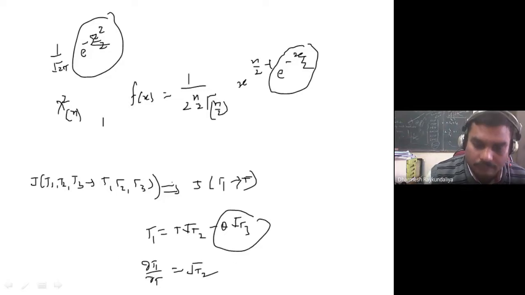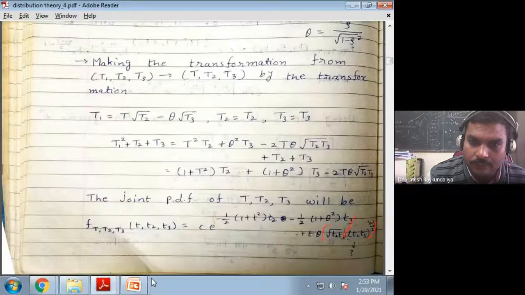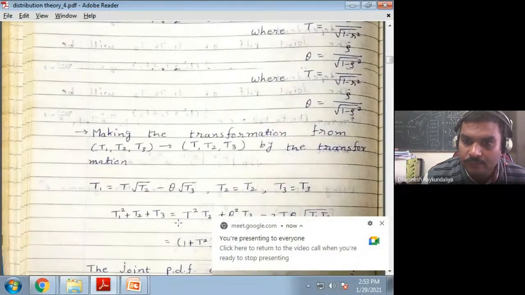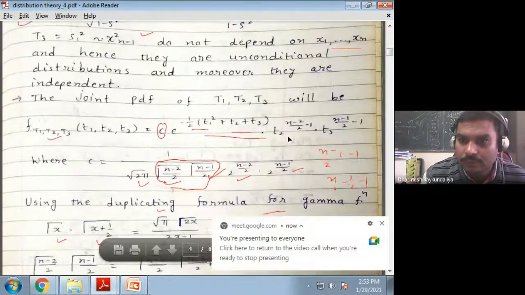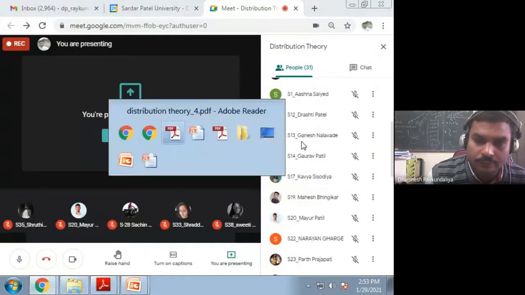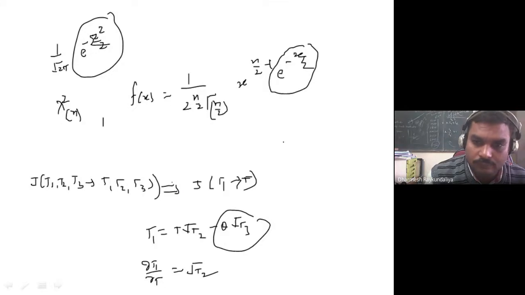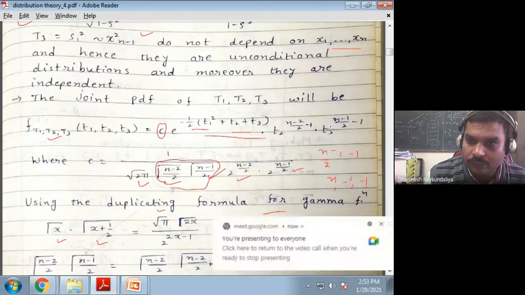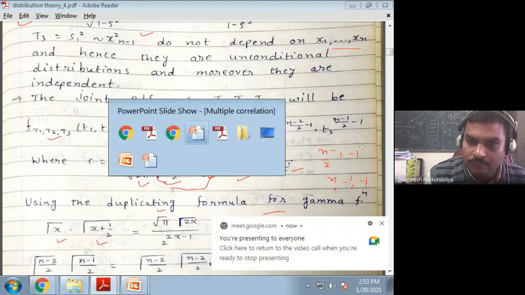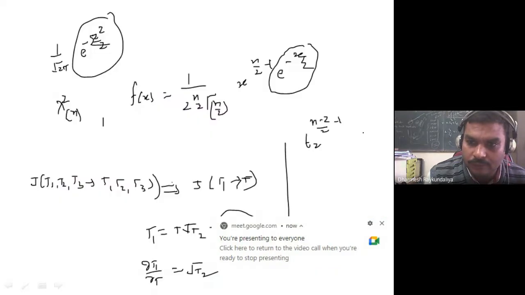And that is how you have this quantity. If you can see that, here you have a power: t2 raised to n minus 2 by 2 minus 1, and here t3 raised to n minus 1 by 2 minus 1.